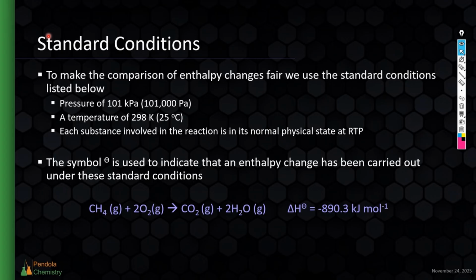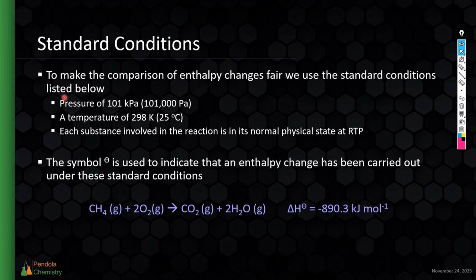Now, what are standard conditions? Well, standard conditions are just conditions that chemists and scientists have agreed are going to be the conditions we normally work at. The most commonly used conditions for temperature, pressure, and a few other things. Whenever we talk about the standard enthalpy change of something, that standard should tell you that this is happening at these conditions.